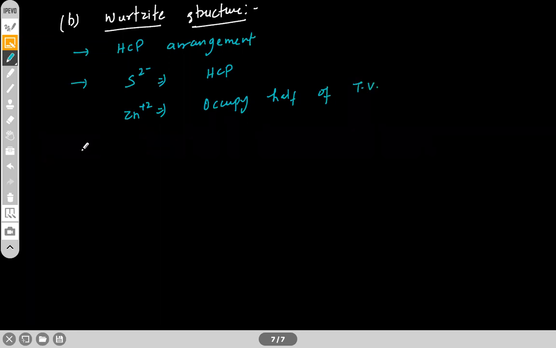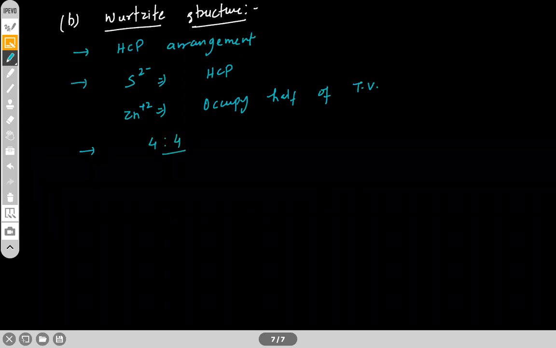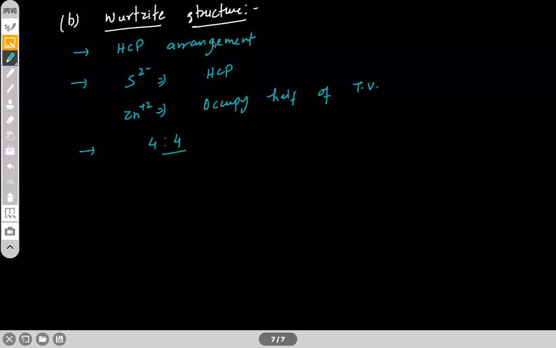And hence it also has a 4:4 arrangement here, like we have discussed just now. Done?